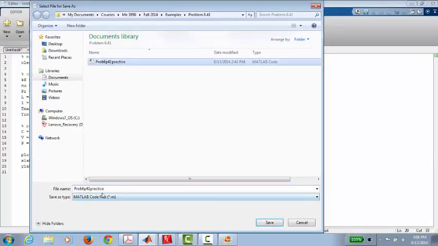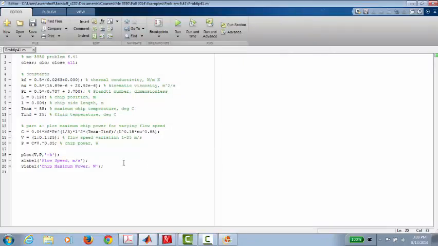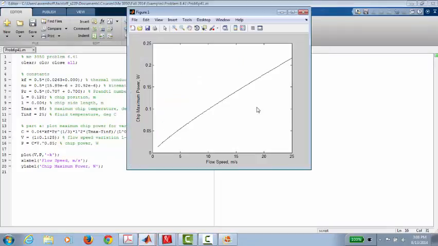So let's save this as problem 6.41, and we'll run it. If you run it, here's what we get. You can see that, of course, as the flow speed increases, the chip maximum power will increase as well, starting with a value on the order of milliwatts up to about 200 milliwatts or so.